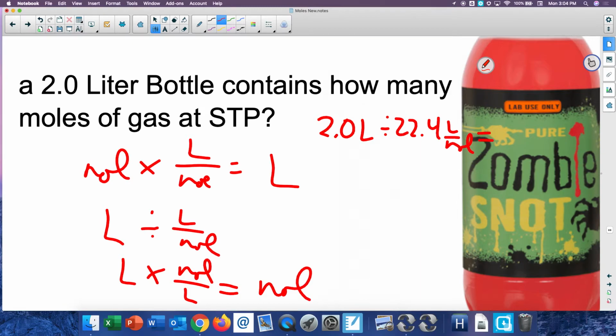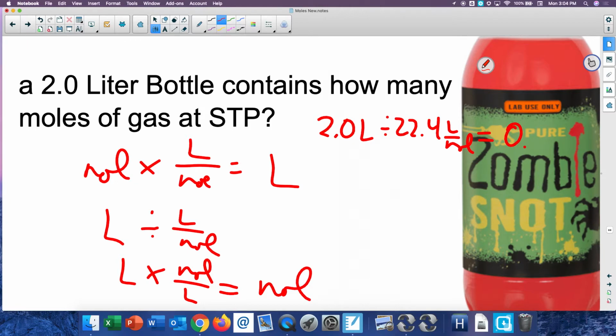Jazz, do you have a numerical value for us? Elsie, do you have a numerical value for us? And what is that numerical value? 1.2? Nope. I think you did it backwards. You did 22.4 divided by 2.